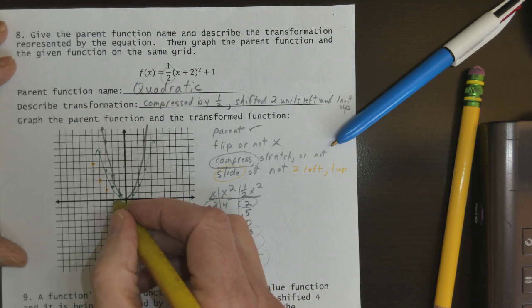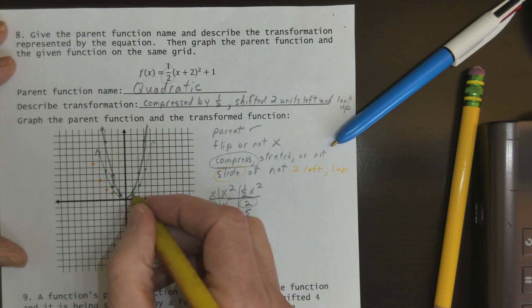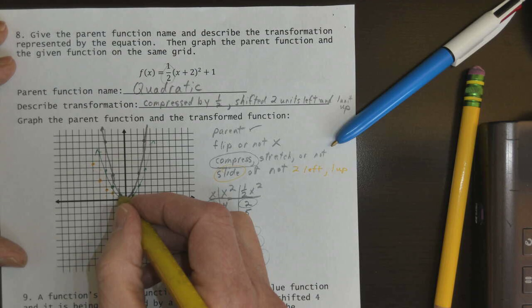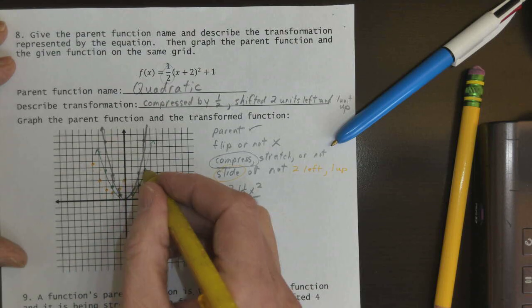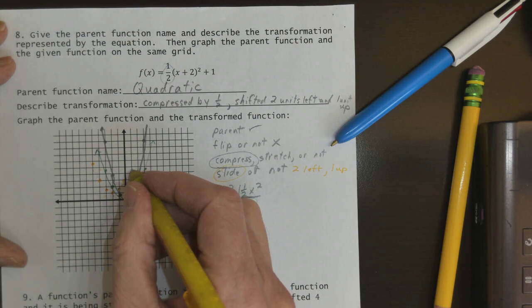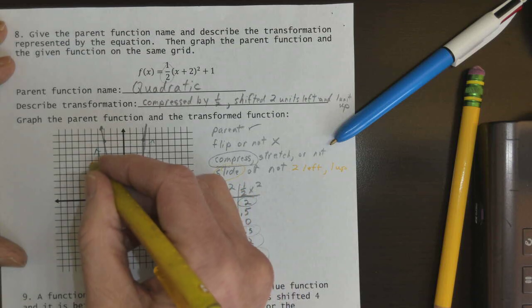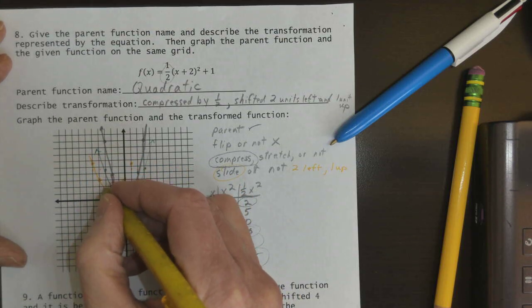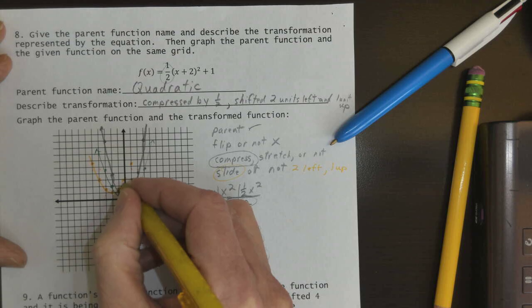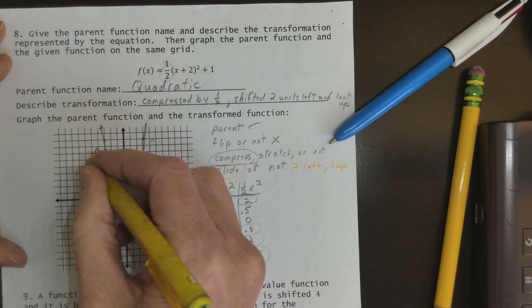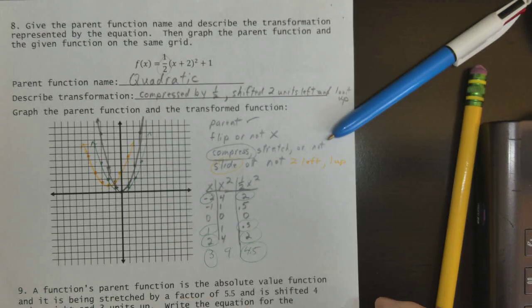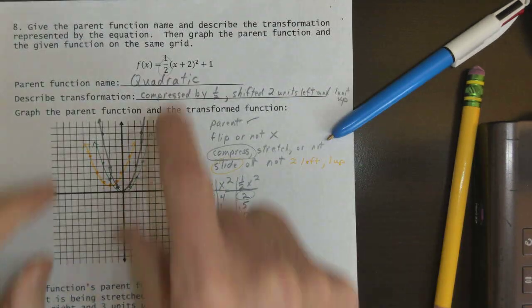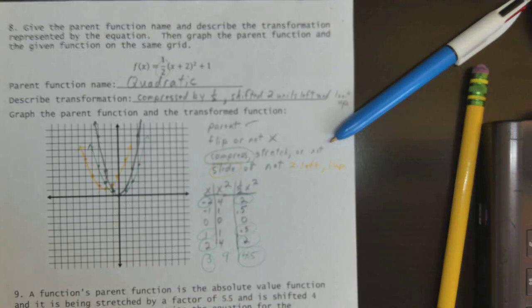And so on for each point. Okay. There it is. The yellow is my graph of the transformed function.